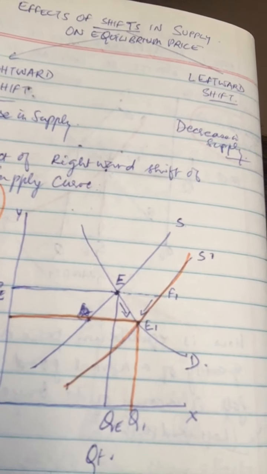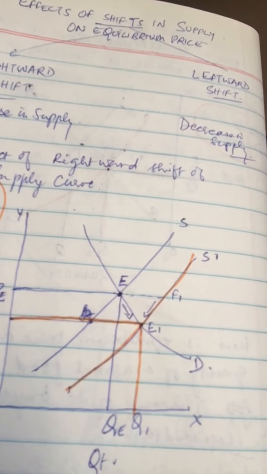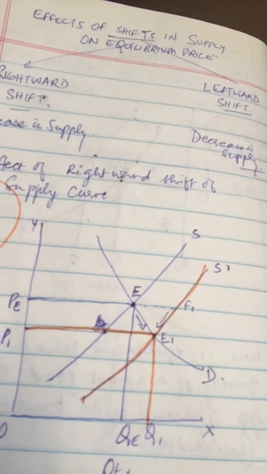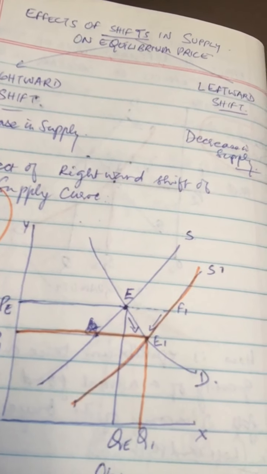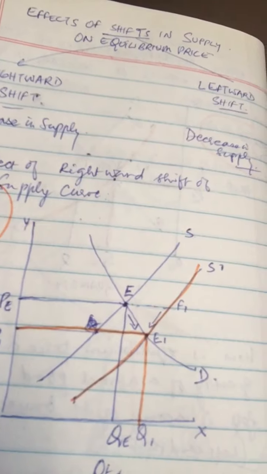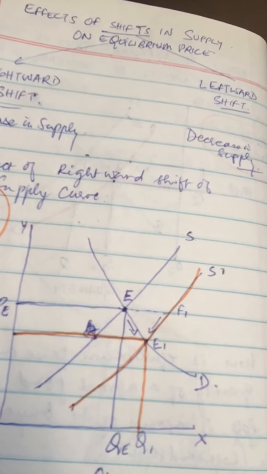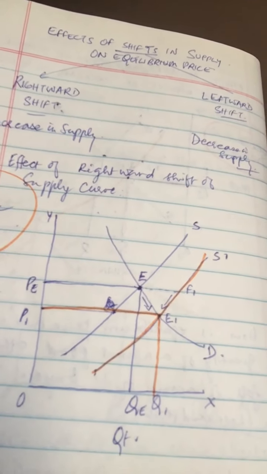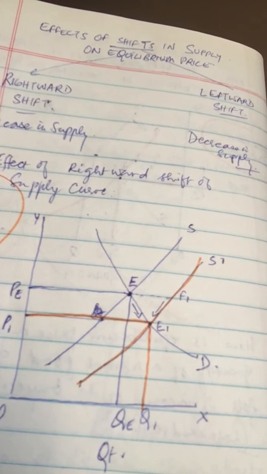These changes continue till demand and supply become equal at new equilibrium point, which is E1. So price falls from OP to OP1 and quantity rises from OQ to OQ1. So this is the effect of a rightward shift of the supply curve.